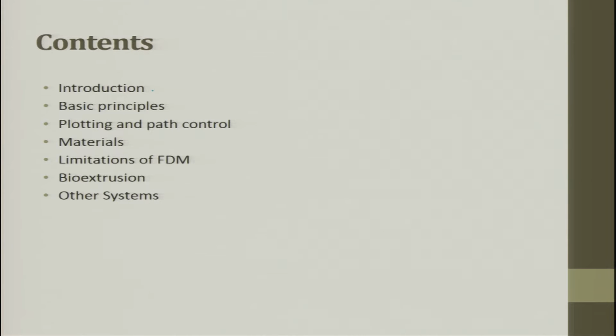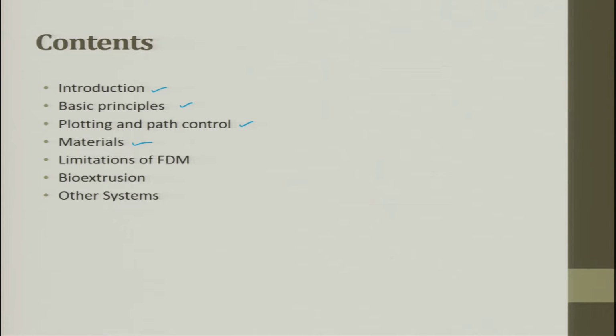In this chapter we will see the introduction, basic principles, plotting and path control, and different types of materials, which is very important because the entire rapid prototyping process depends upon the basic starting material. And today when we talk about rapid manufacturing, we are talking about directly producing the prototype and using it in real time applications.